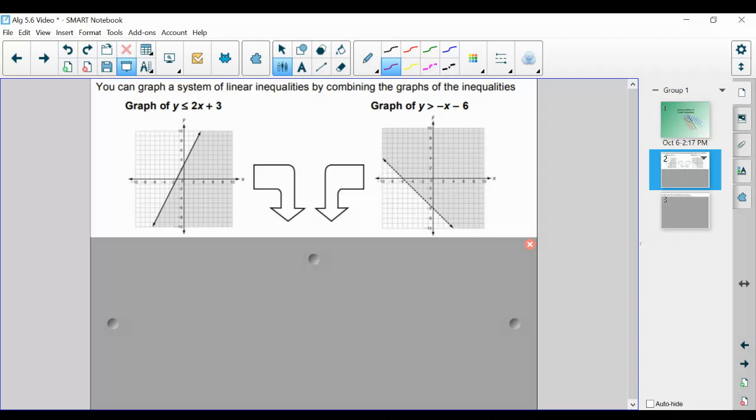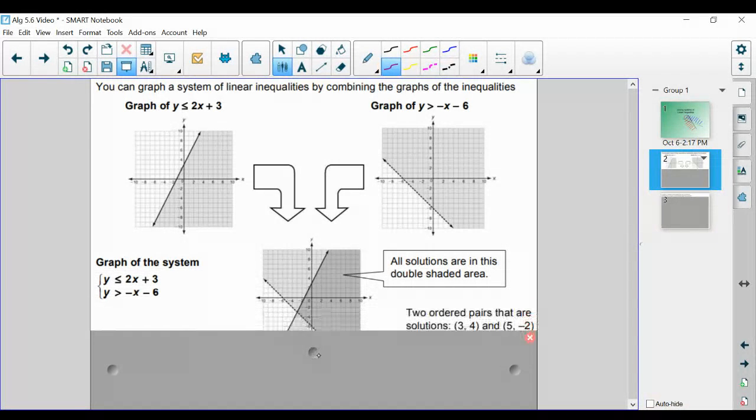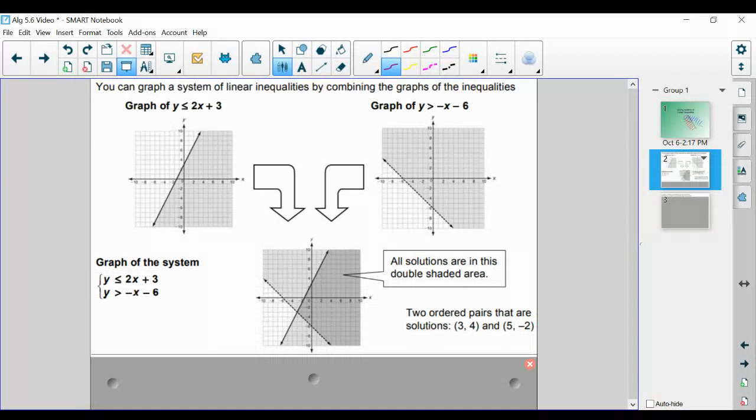But now that we're talking about a system and we're saying, hey, these two linear inequalities are happening at the same time, what we're going to do is we're going to combine them together. And you can see that the solutions are going to be in that double shaded area. We essentially graph one linear inequality and shade. We graph the second linear inequality and shade. And we see, hey, where is the overlap?